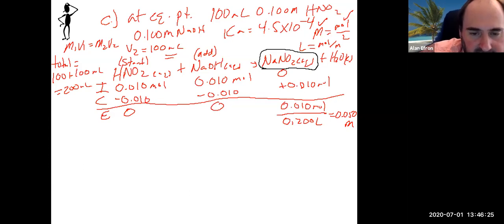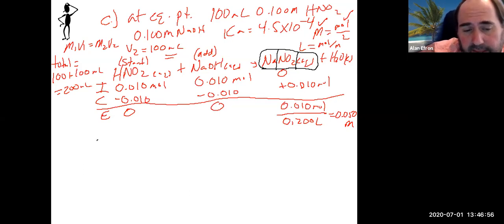And part of the salt, which specifically is the NO2 minus, came from a weak acid, which means it is relatively strong. And as I already know going into this problem, I need to do a hydrolysis problem. I also should know going into this problem that it should end up being basic because I already know all these things before I even picked up the pen to do this problem because I understand where I'm at and what type of titration it is.